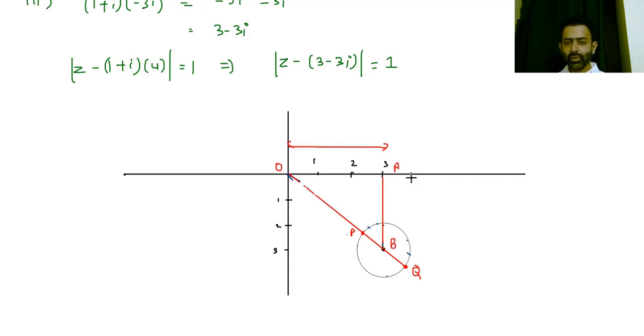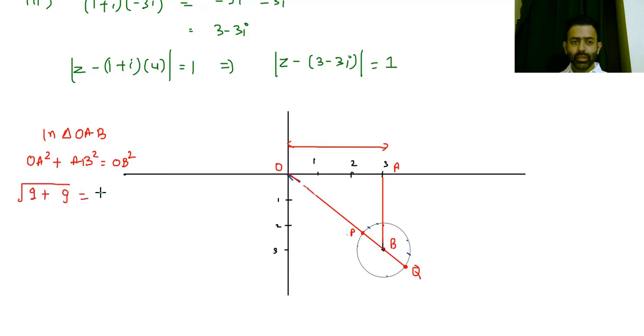So in triangle OAB, OA square plus AB square is OB square. OA is 3, so this is 9, this is 9, and under root is OB. So the distance of the center from the origin is root 18, which is 3 root 2.